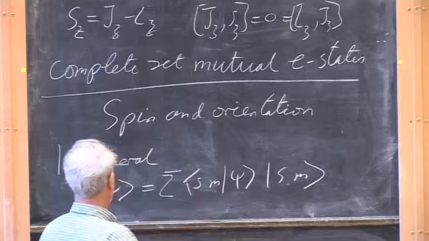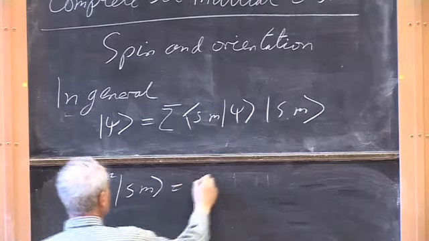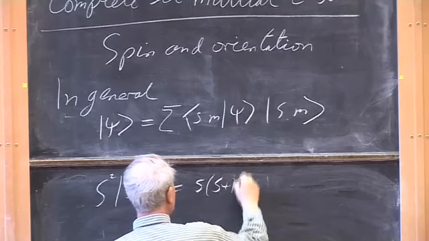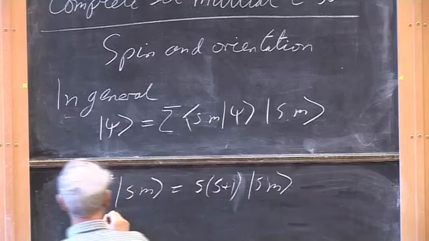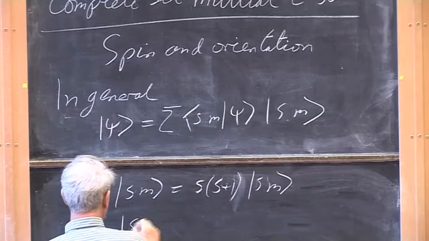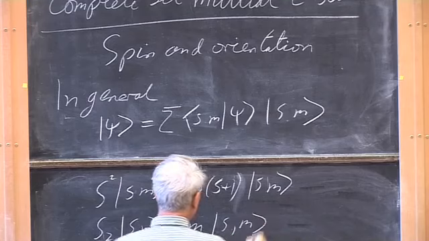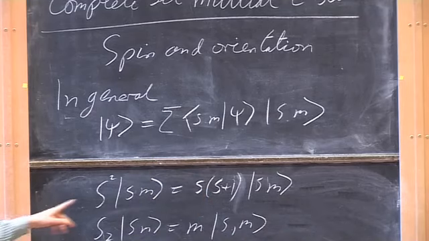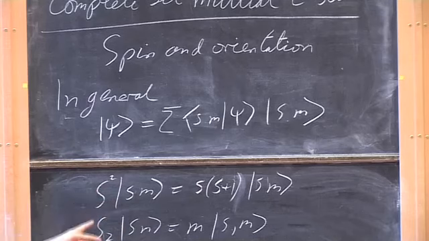So we're saying that S squared on |s m> is equal to s(s+1) times |s m>. And we're saying that Sz on |s m> is equal to m |s m>. And there should be a complete set of mutual eigenstates of these operators.